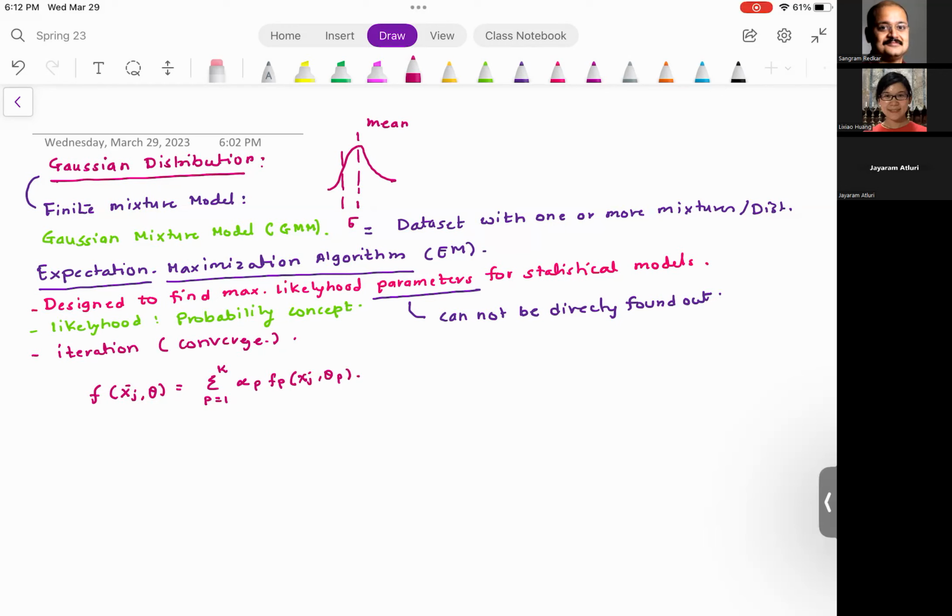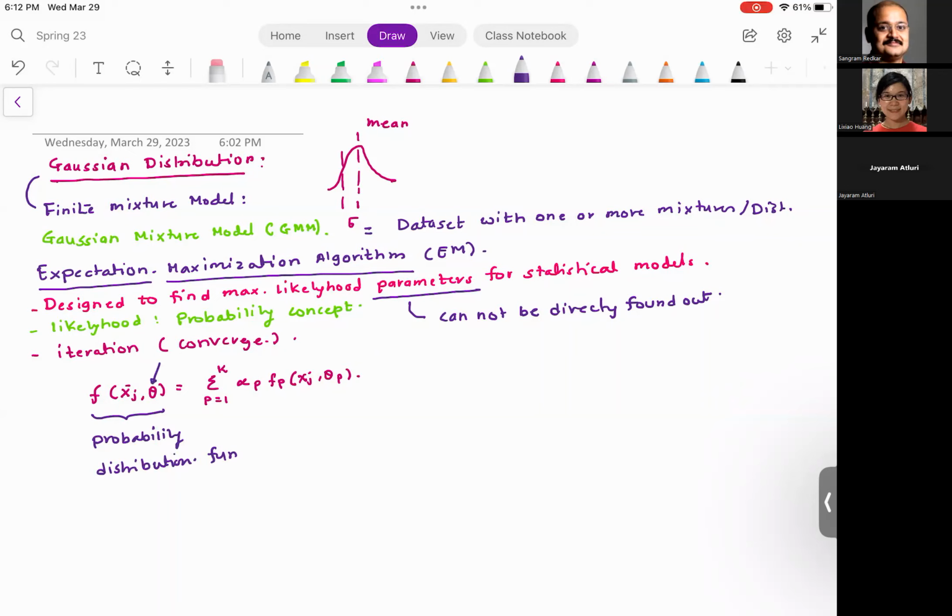This f is called the probability distribution function, and the PDF on the left hand side is the overall probability distribution function. Now, we want to find this parameter theta.